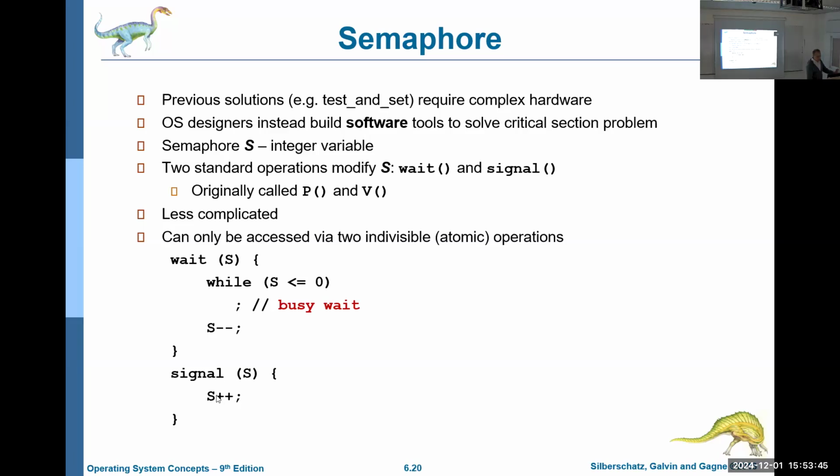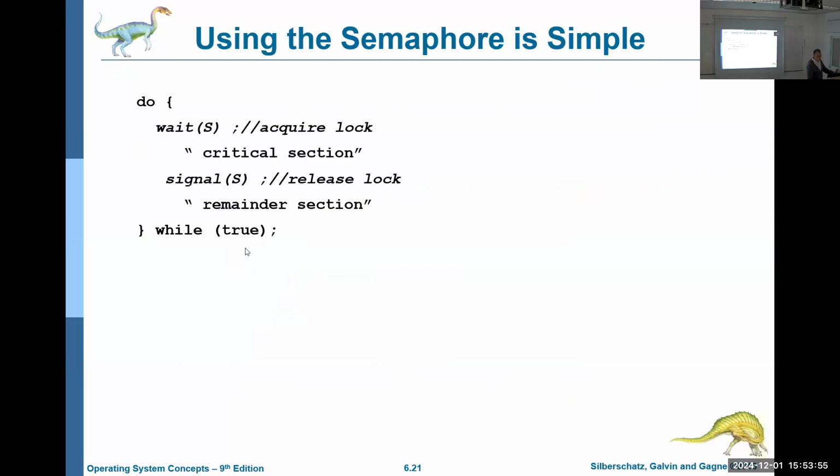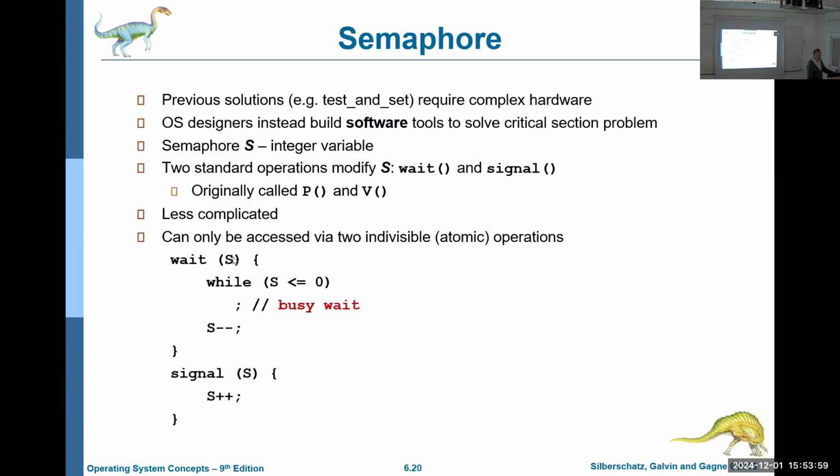When I'm finished, remember I brought it down by 1, so I put it to 0; now I raise it back to 1. So you ask, what about the first time? The first time's not a problem as long as S is set to 1. If S is set to 1, then I do wait on S. S is not less than or equal to 0, since 1 is greater than 0, so I'll go in.